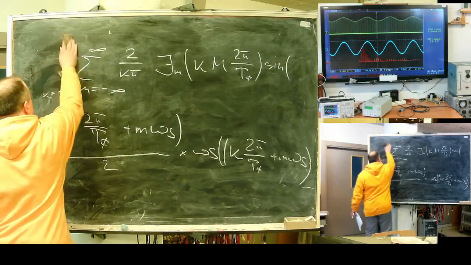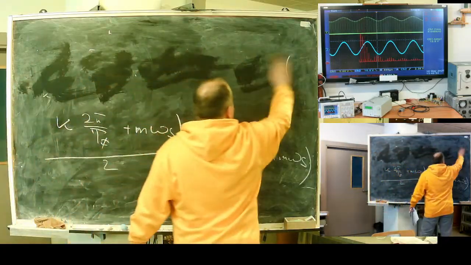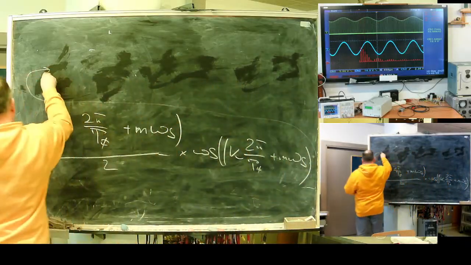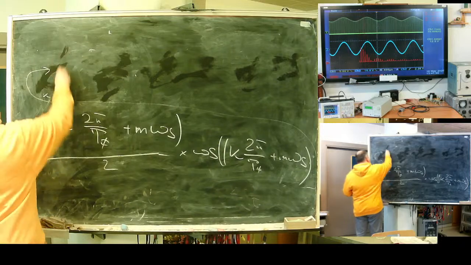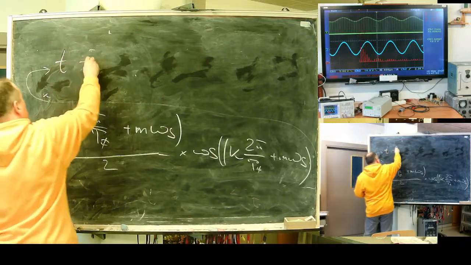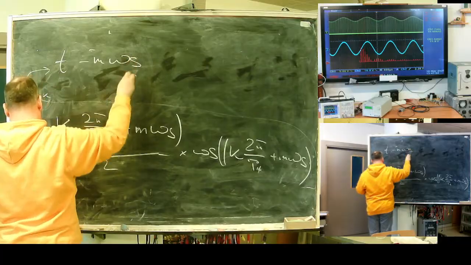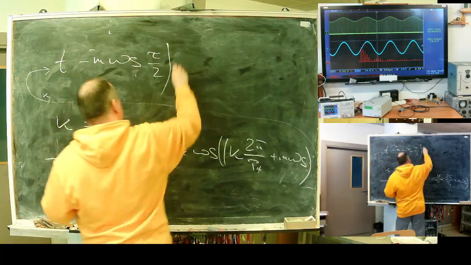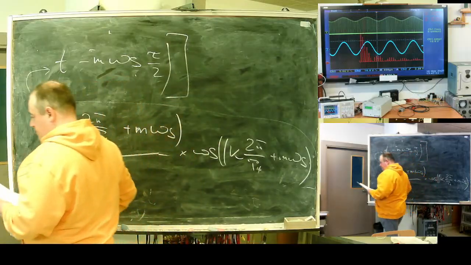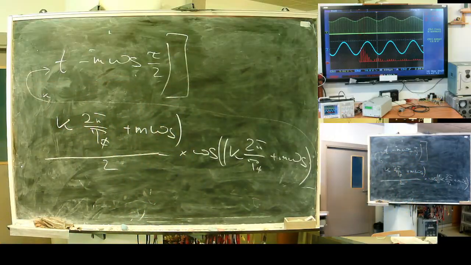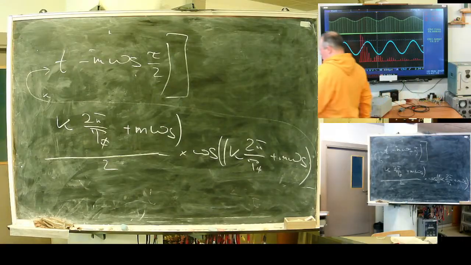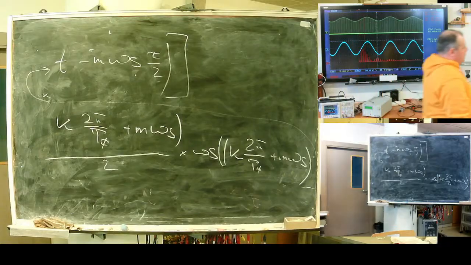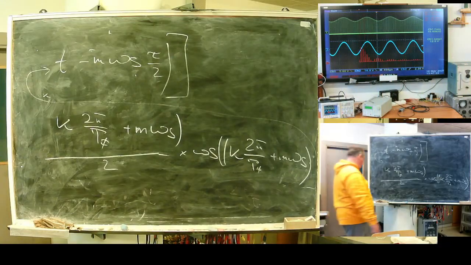Maybe I continue here. Time minus m omega s tau by half. So it will depict spectrum of frequency modulated signal around each spectral line of carrier.